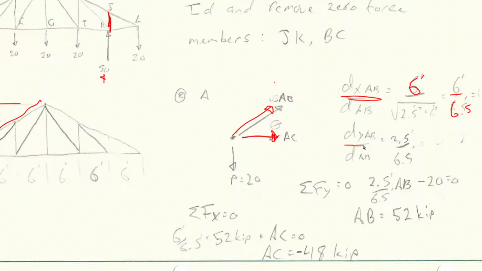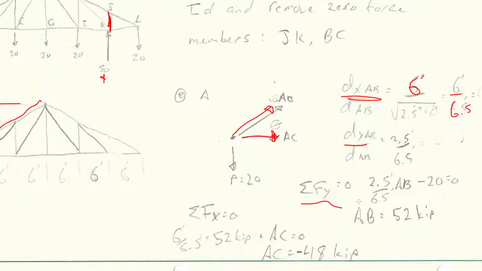For our dy over dAB, the j component of our unit vector, that's just 2.5 over 6.5, feet over feet, obviously. Units cancel out there. So we can go ahead and figure out our y component force balance.